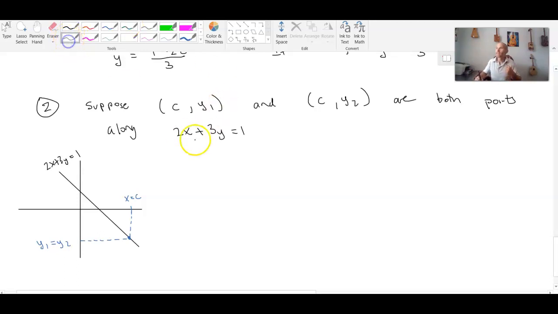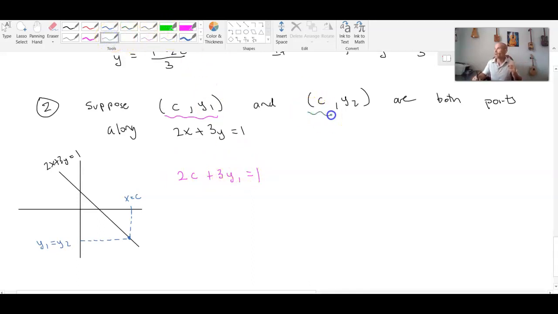One way to do this is to say, well, if (c, y1) is a point along this line, let's first focus on this guy here. What that would mean is that 2 times c plus 3 times y1 equals 1. Right? That would be the statement that would be true. That in other words, there is some value of x and some corresponding value of y such that when you double x and you triple y and add them together, you're going to get 1.